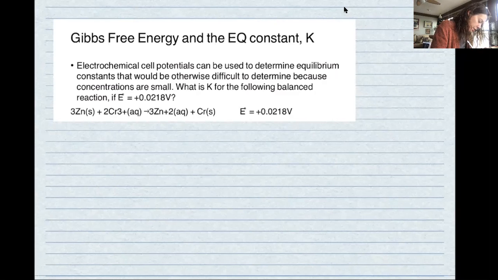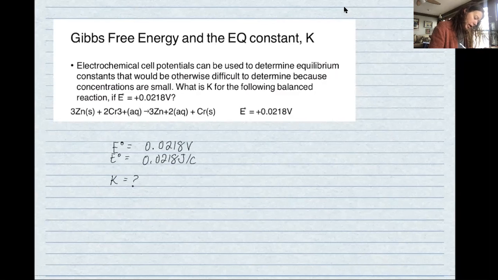So standard E cell is given to us at 0.0218 volts. That is 0.0218 joules per coulomb, right? What is K equals question mark?